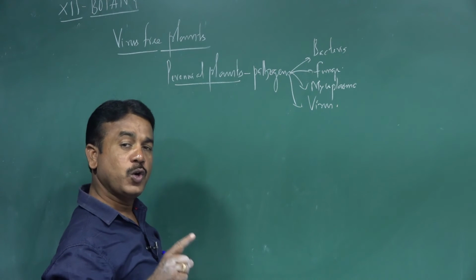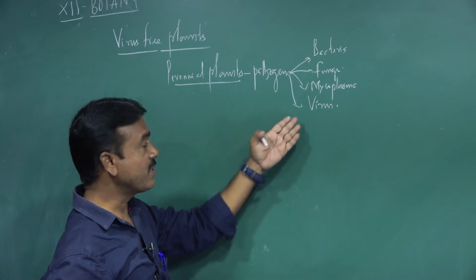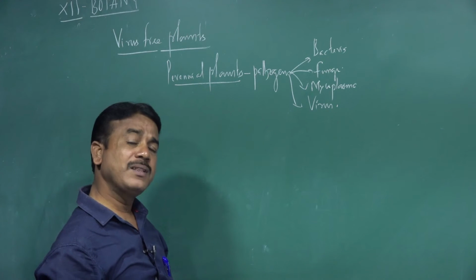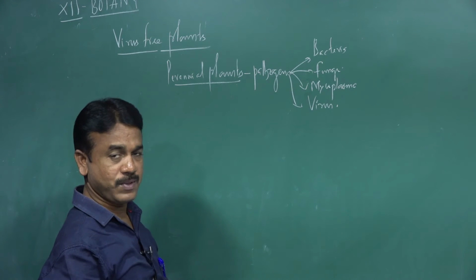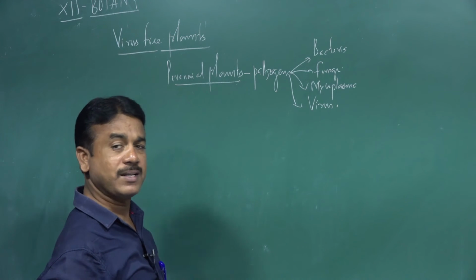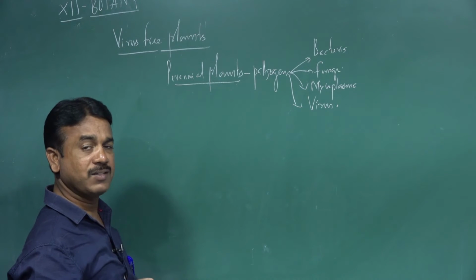But the chemicals will not control the multiplication of virus. So the chemical method is not applicable to control virus. So which way can virus be controlled? The only method is virus-free plants.